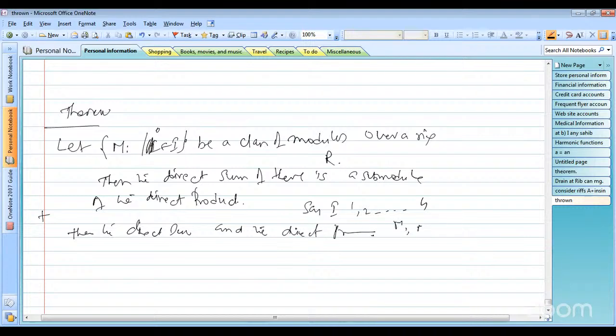M1, M2, M3, and so on, Mn are the same and equal to the Cartesian product. What is the Cartesian product? The multiplication M1 into M2 into M3 into so on Mn.